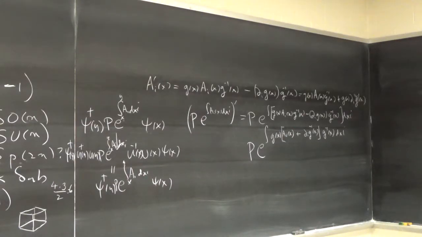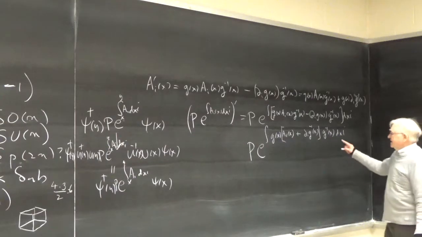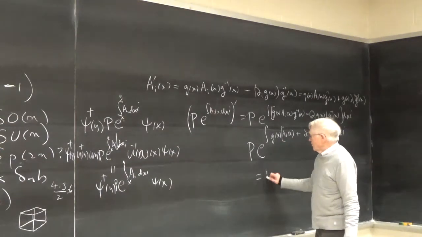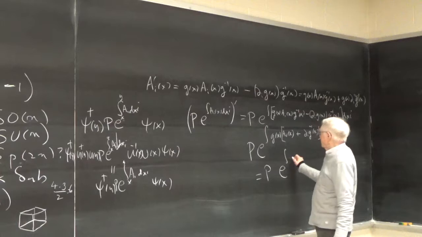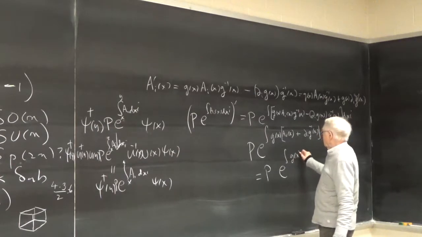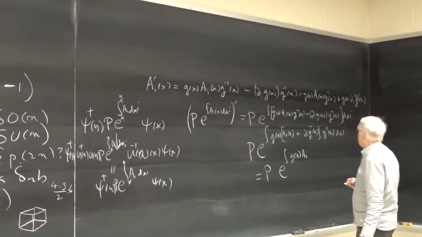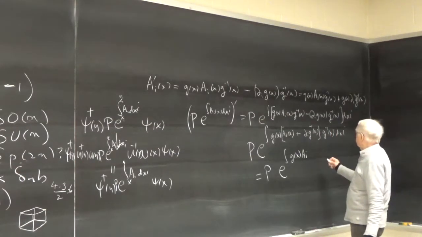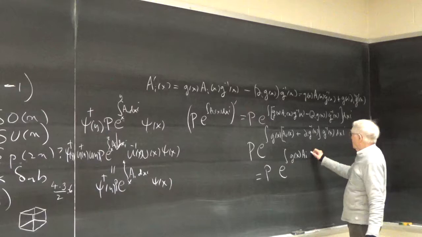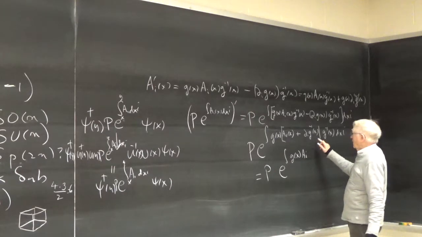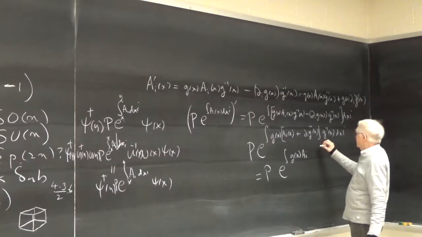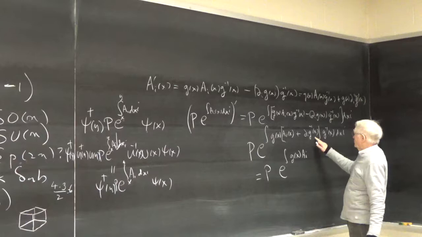And that means that we can rewrite this as e to the integral g of x A. I want to say that you don't need the g of x inside, or g inverse of x inside the bracket, do you?